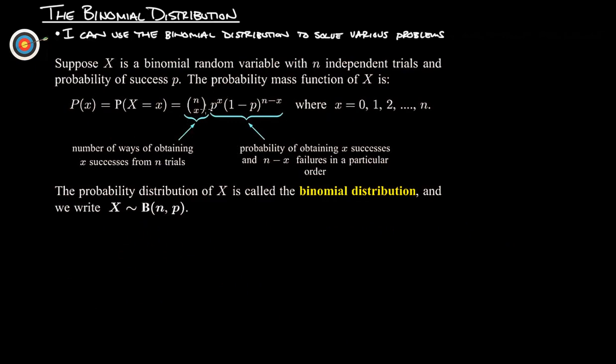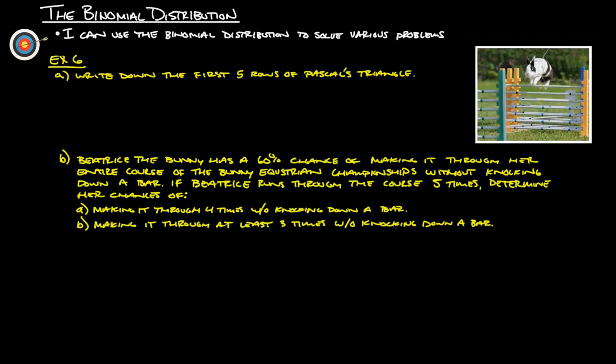This is just the formula re-explaining what we just did, so I'm not going to go into great detail, because I want to make it less confusing instead of more confusing. What's going to make it less confusing is to do an example, which should help solidify this a little bit for you.